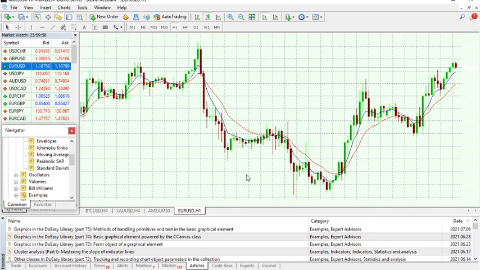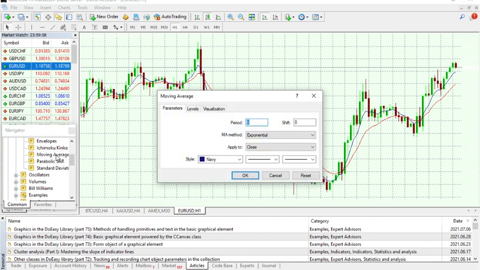Now the next moving average that we have to add here is your 40 moving average.